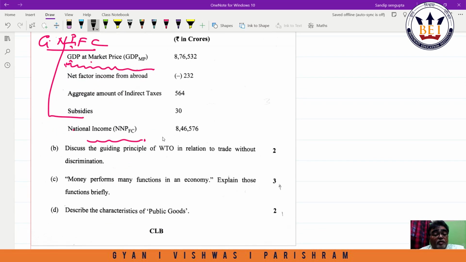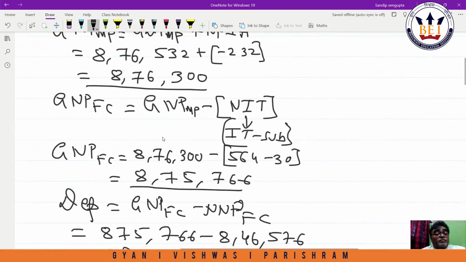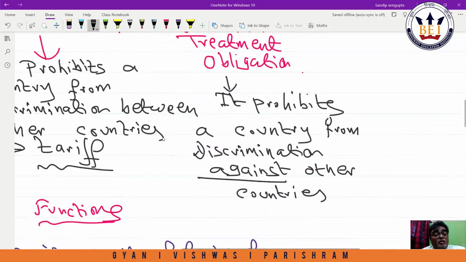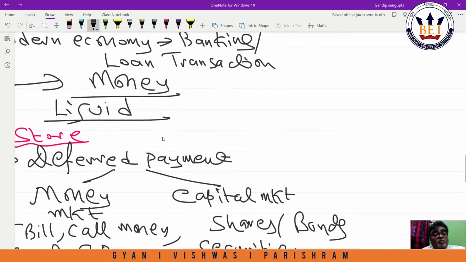Look, compulsory: Chapter 1 they have given. This is WTO, from trade they have given. This is functions, from money they have given. This is public goods, meaning public finance they have given. Now that number D part we will take care of.